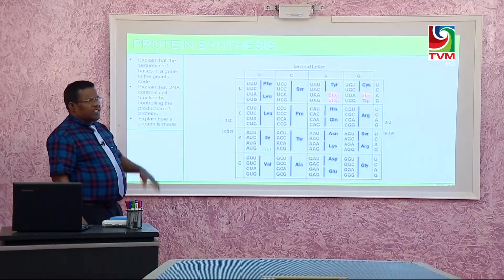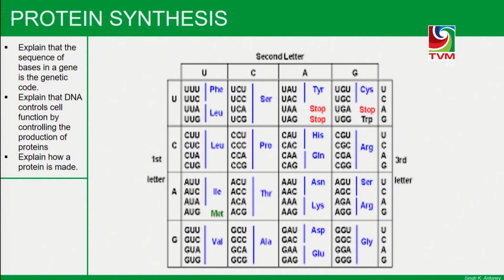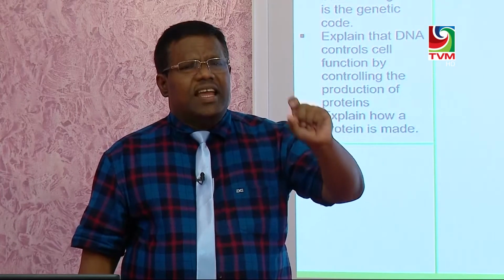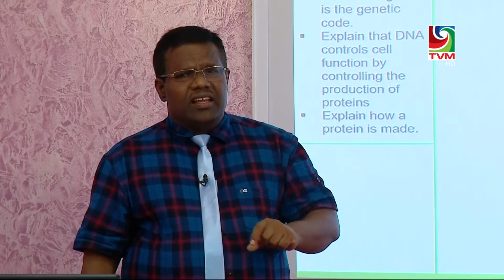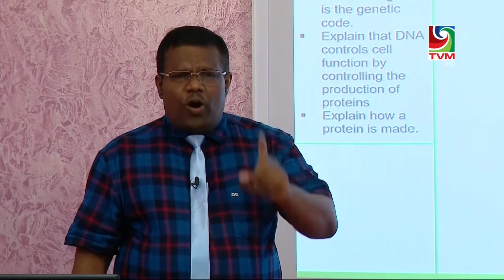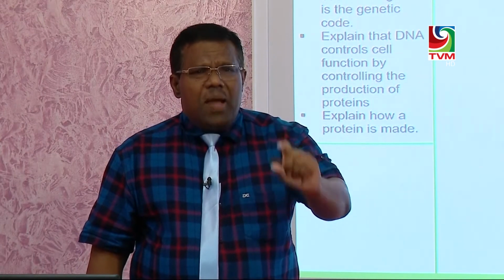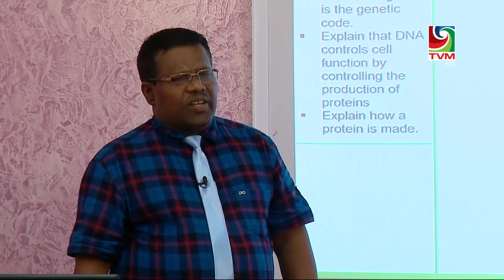This is a chart showing the triplet codons, and I told you there are 20 naturally occurring amino acids. Corresponding to that, there will be triplets, and triplets are universal. That means when a triplet is coding for a particular amino acid in an organism, the same triplet will code for the same amino acid in all living organisms.